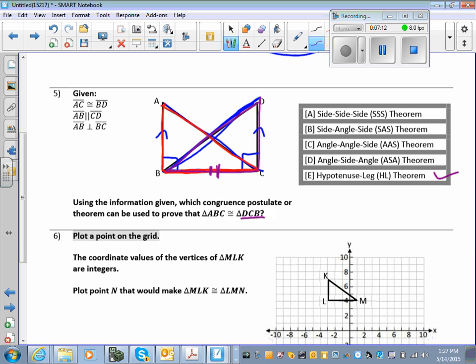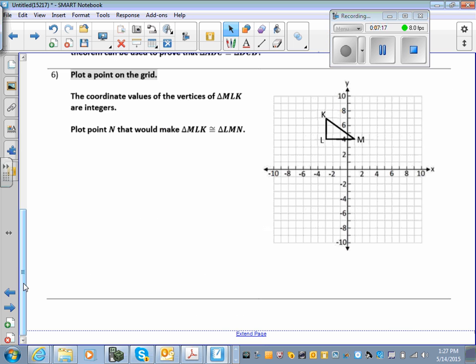All right, number 6. In this case, they're asking you to plot on the grid. The coordinates of the vertices of MLK are given. Plot point N that would make MLK, which is this, congruent to MLN.